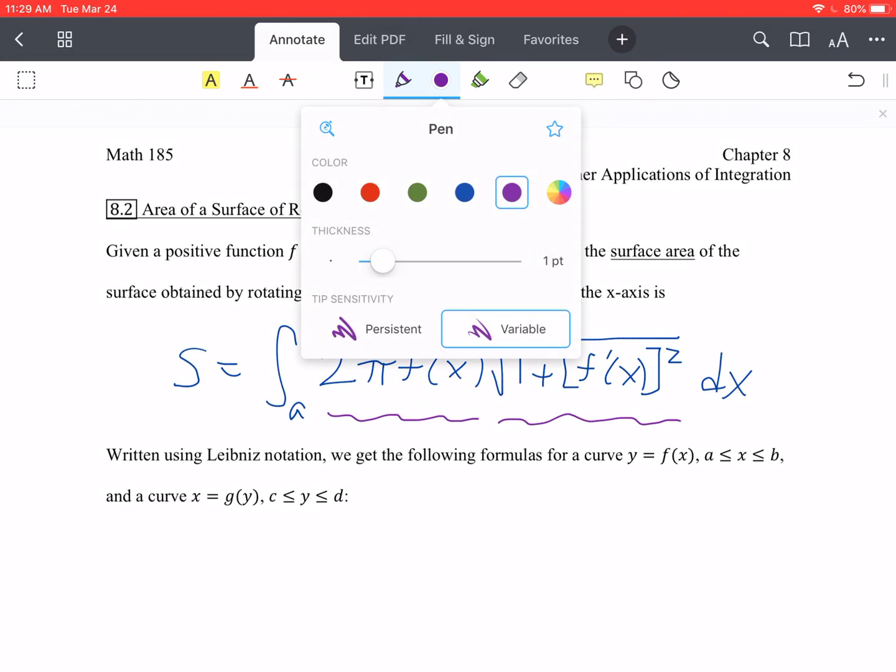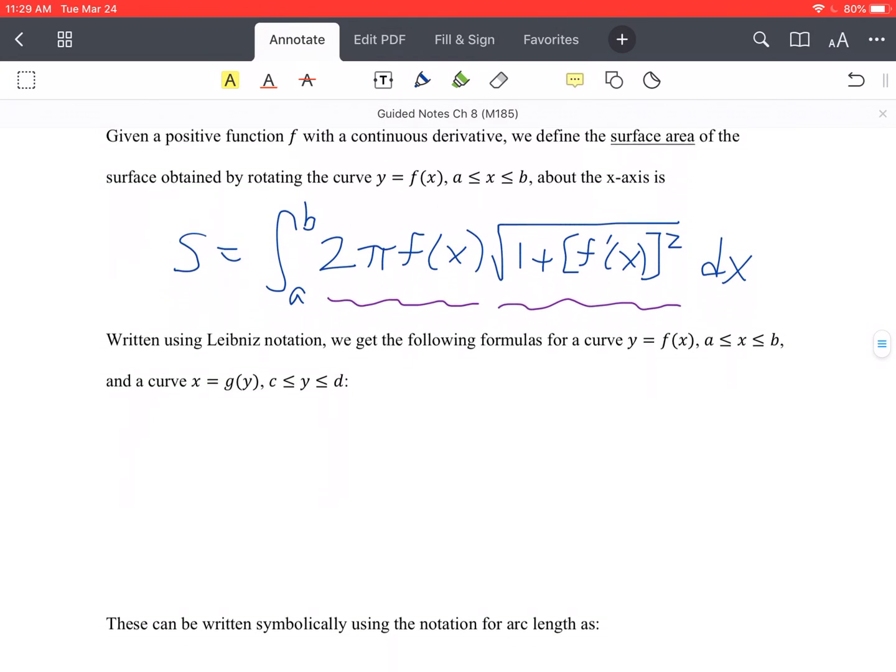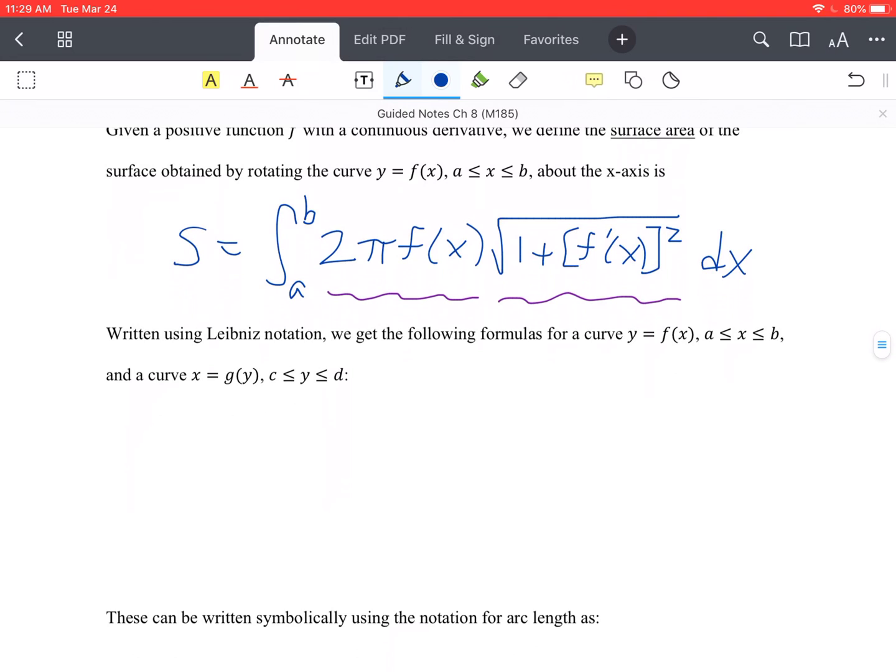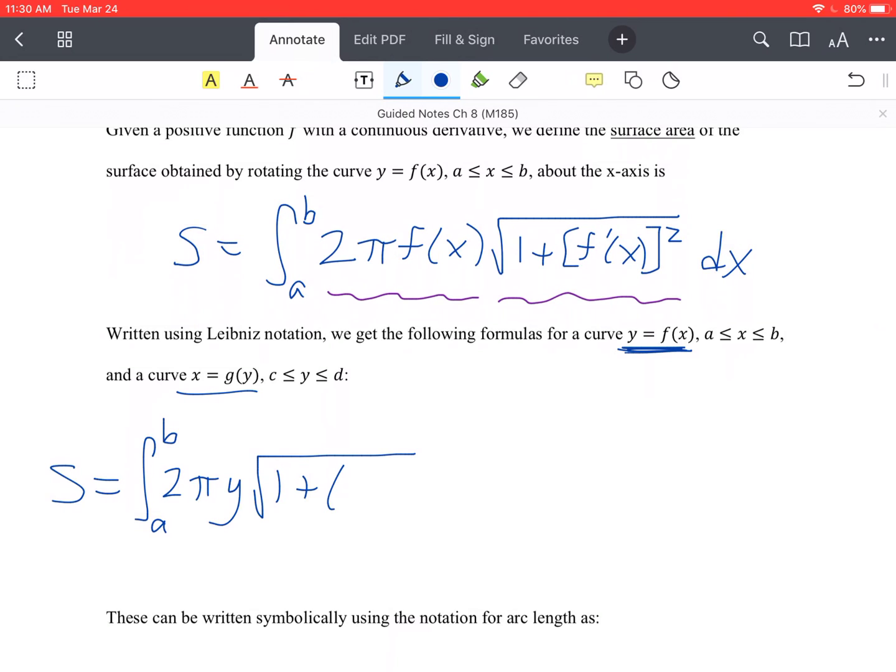Now we can also write this in Leibniz notation, so just going to do that right down here. So here we can distinguish between a function of x and a function of y. So using the Leibniz notation for the function of x, we write this integral from a to b of 2 pi y, where y is a function of x, times the square root of 1 plus dy dx squared dx.